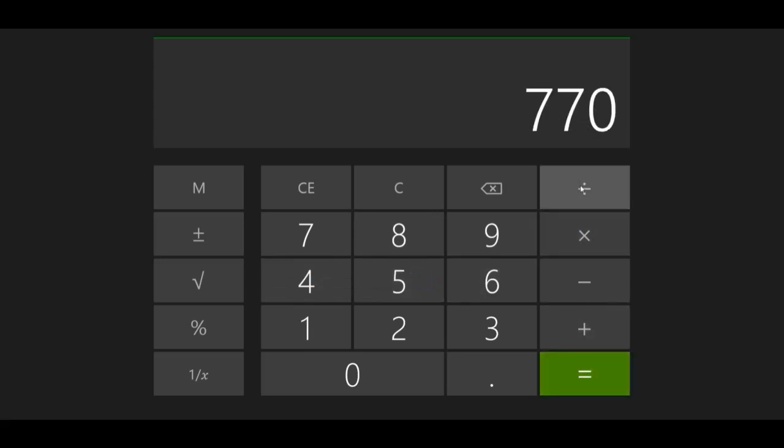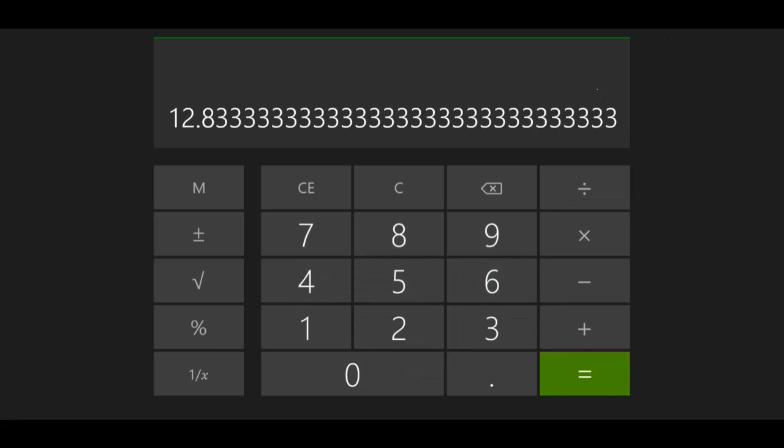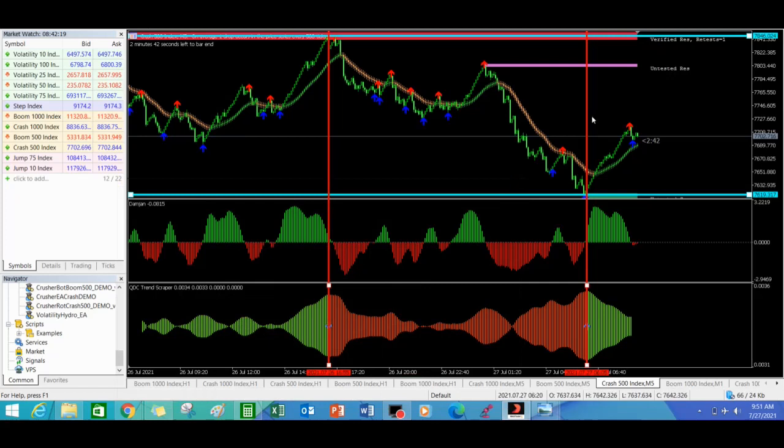Now divided by 60 to know the number of hours taken. That is 12 hours, almost 13 hours or thereabouts. That is amazing, more than half of a day. So you guys can see what I'm talking about. If you know your way about this, you will always milk the market successfully.